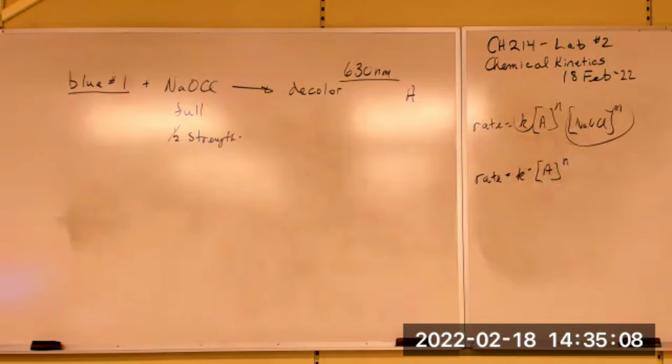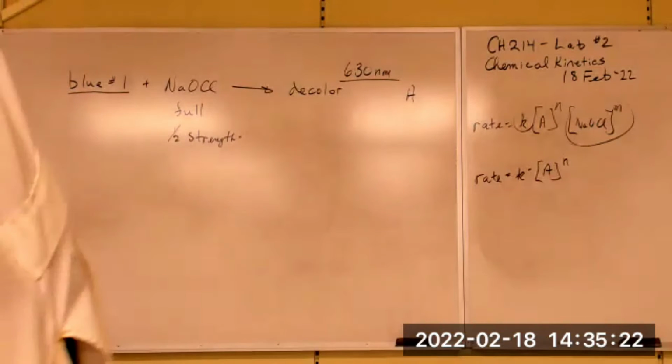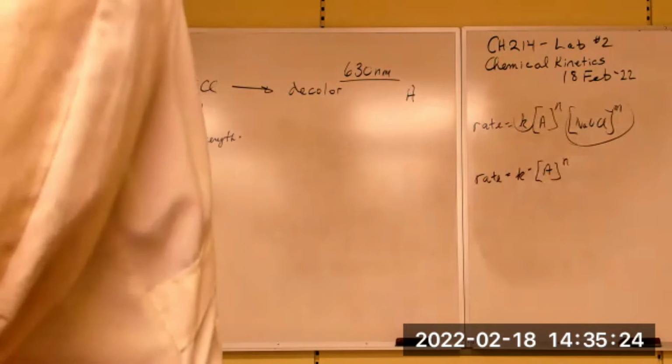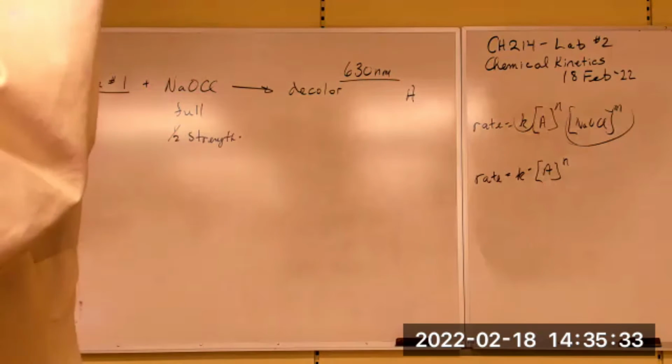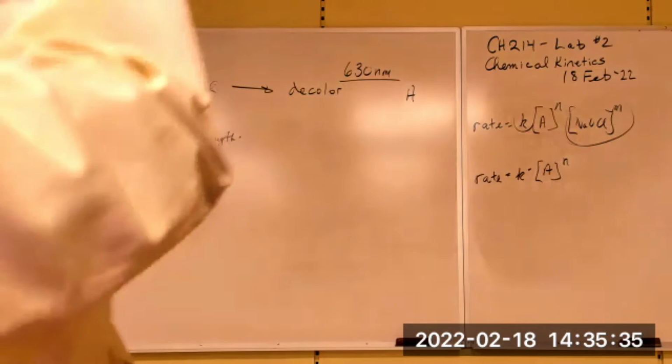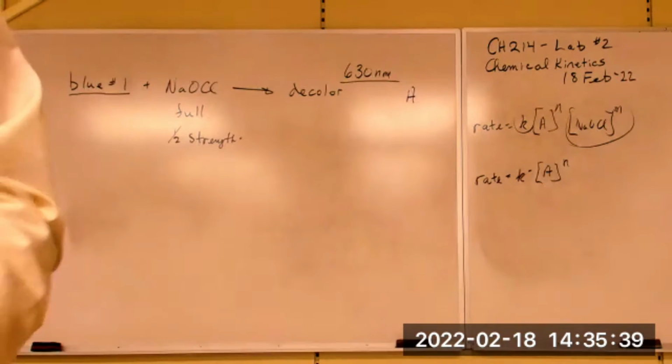Oh, and then that one. Oh, it needs to be taller. Let me see if I got it. I should have brought those with me. Kinetics. Here we go. That one. And there we are.